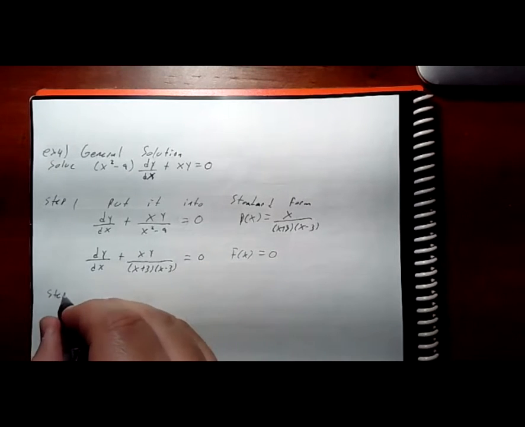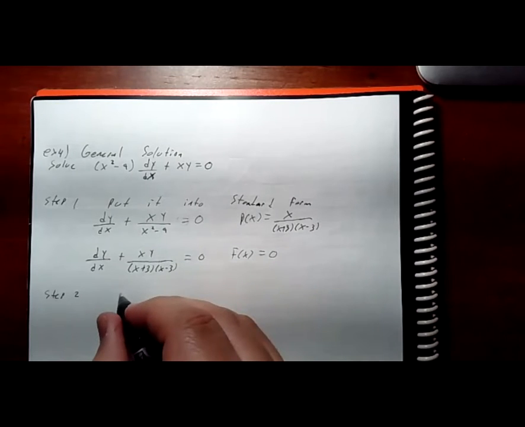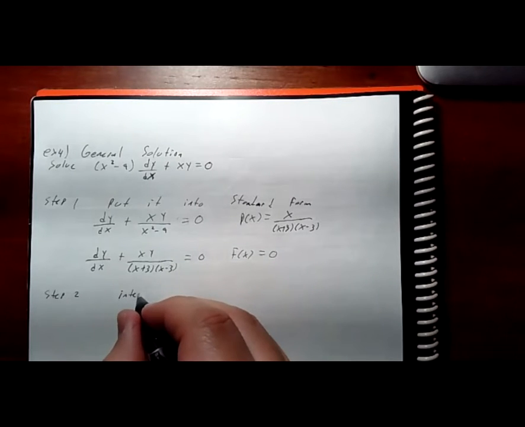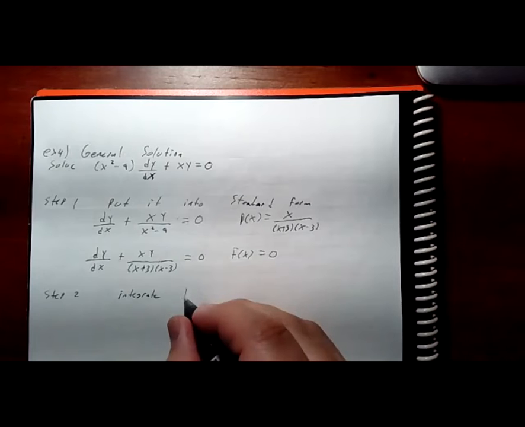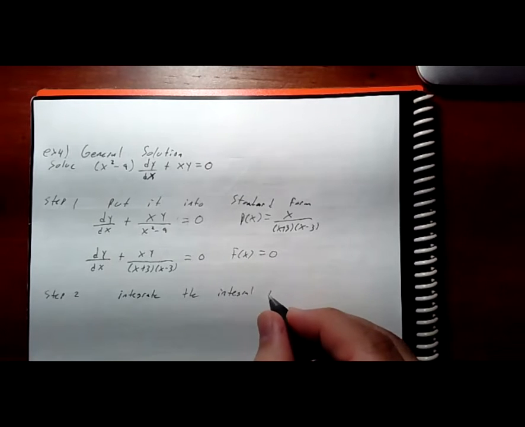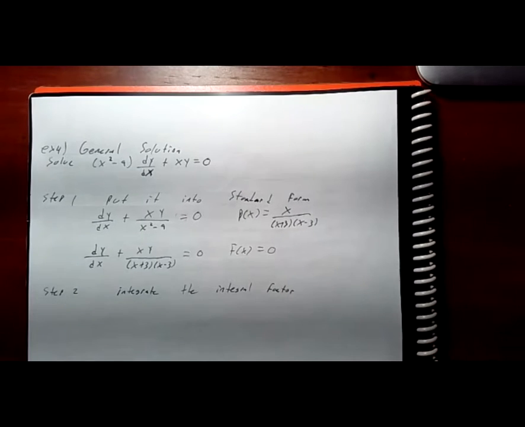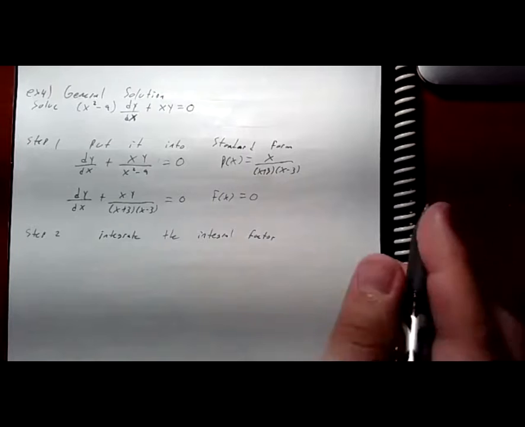So step 2, let's just make a little side step here. Usually we don't have to do this. The integrating factor. Let's make it a little easier. That way we will know the answer, right?